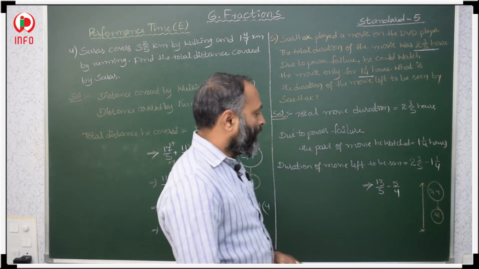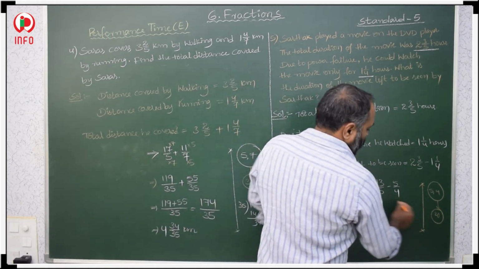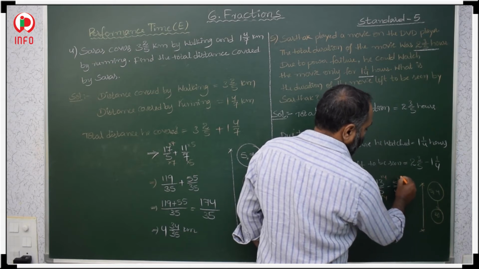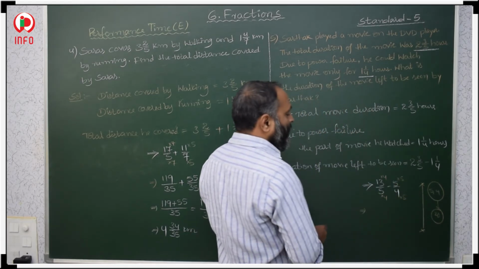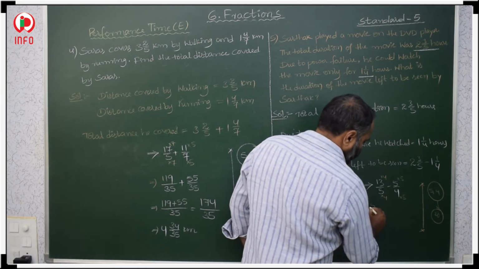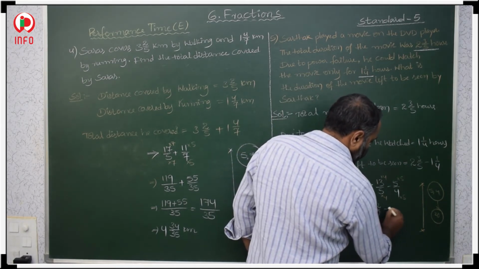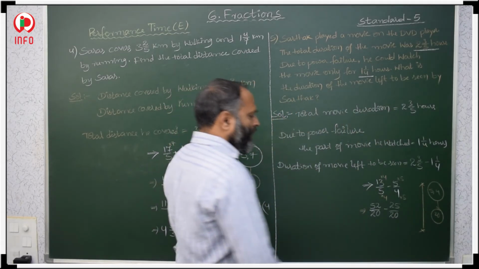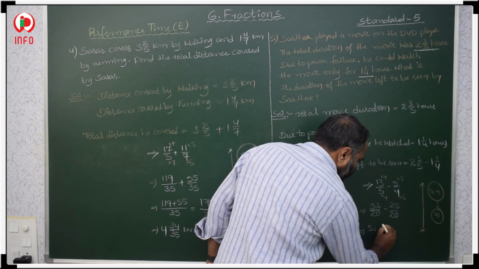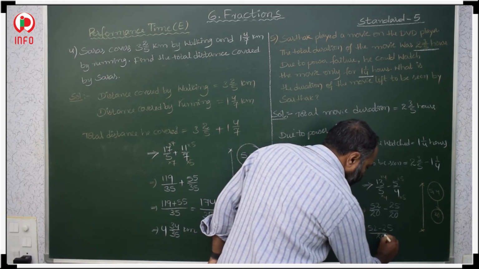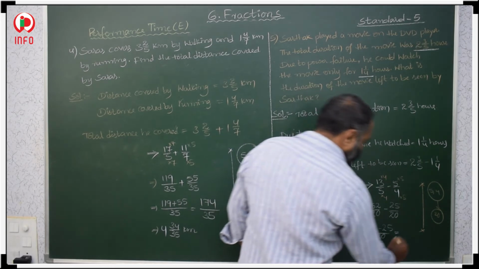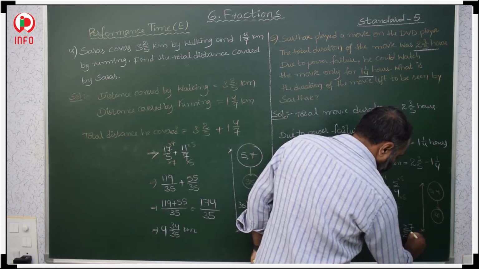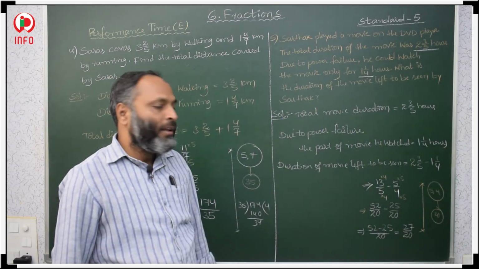Now in the 5 table, 20 is 5 fours, multiply with 4; in the 4 table, 4 fives are 20, multiply with 5. 13 fours are 52, 5 fives are 25, the denominator is 20. Now the difference of the numerators, 52 minus 25 by 20, is 27 by 20.